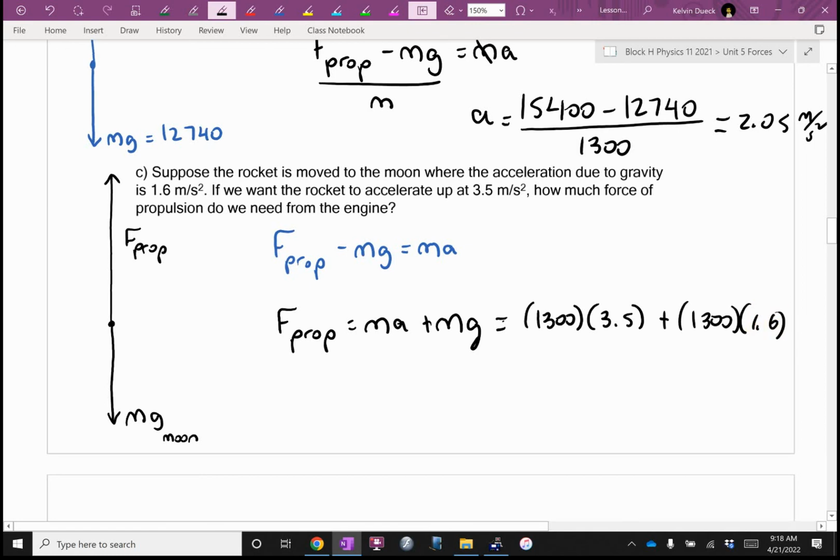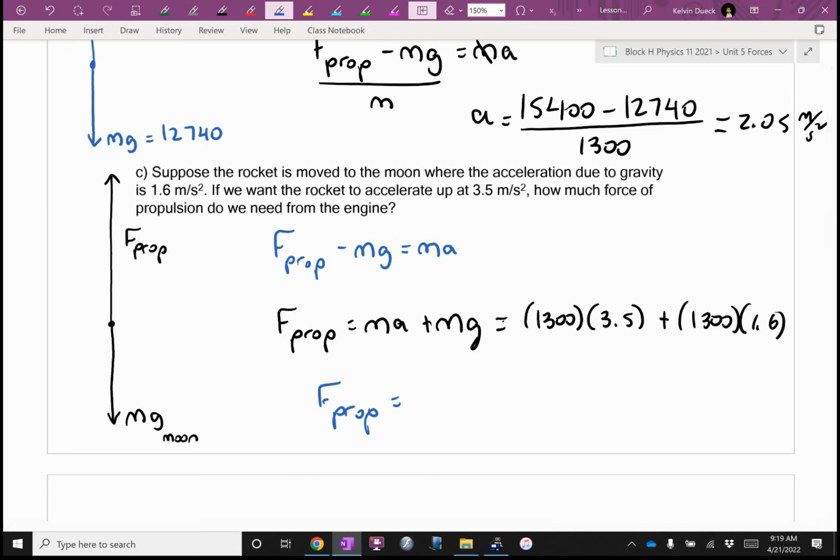If you've ever dove into the moon landings, to leave Earth's gravity, 9.8, massive Saturn V rocket, longer than a football field, huge. To leave the moon, one single tiny rocket, not a three-stage. Why? Smaller gravity. We're going to get a much smaller force of propulsion. Sarah, what'd you get? Type like the wind. 6,000.